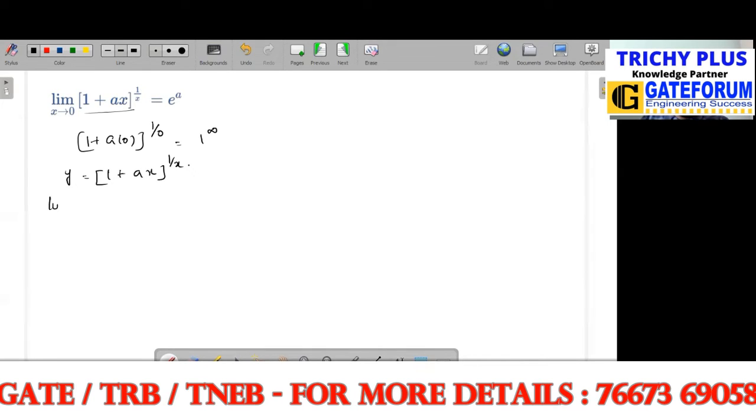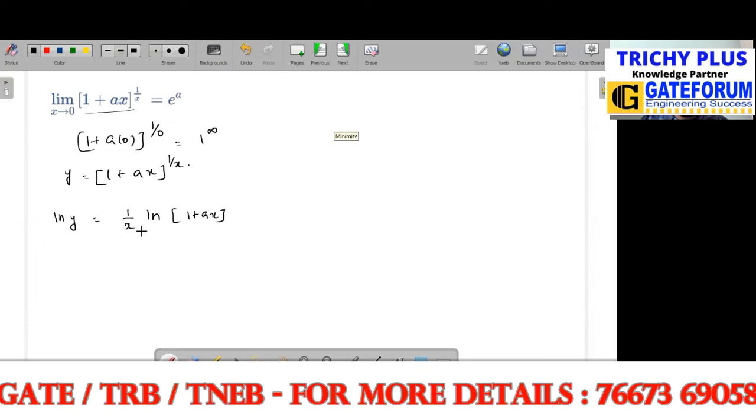Log y, which means log base e of y, let me go with ln. So ln y is equal to 1 by x of ln of 1 plus ax. The power I am taking here.